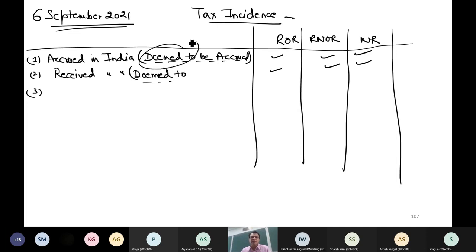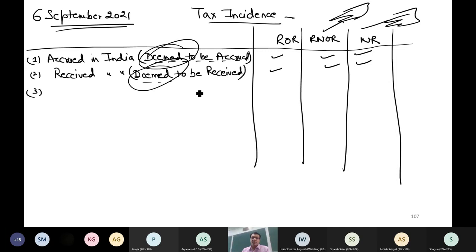So these deemed provisions are not for the purpose of ROR. These are broadly for NR and RNOR. Deemed to be received is taxable for everyone, does not matter who you are.